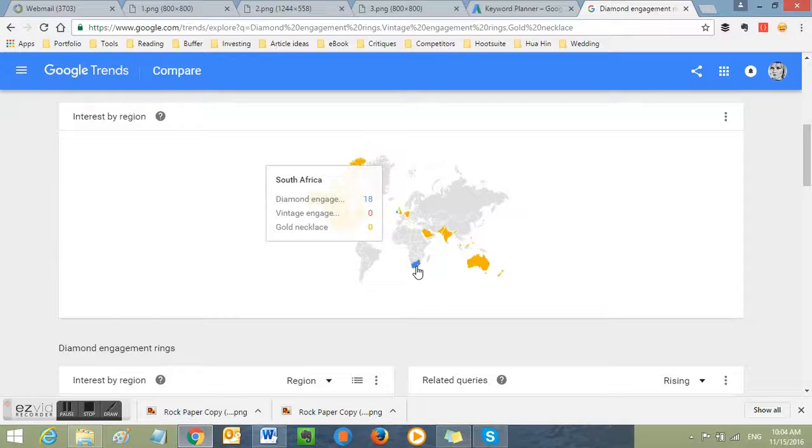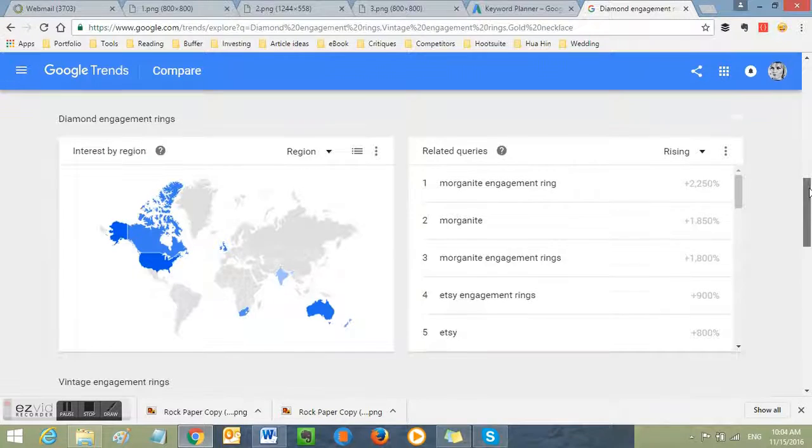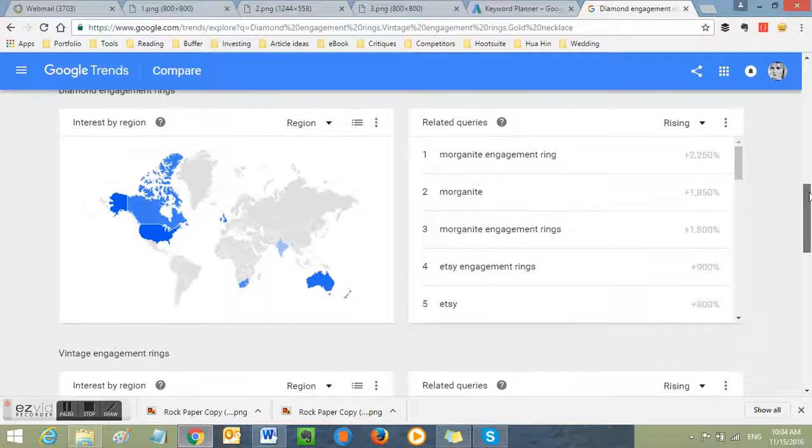And we've got another interesting chart here, because these are related queries and how much they're rising per month. So interestingly, this Morganite engagement ring, which is very specific, rises at a 2,250% rate, which is fantastic. We're not going to use this one. Halo diamond ring rises at 400%.